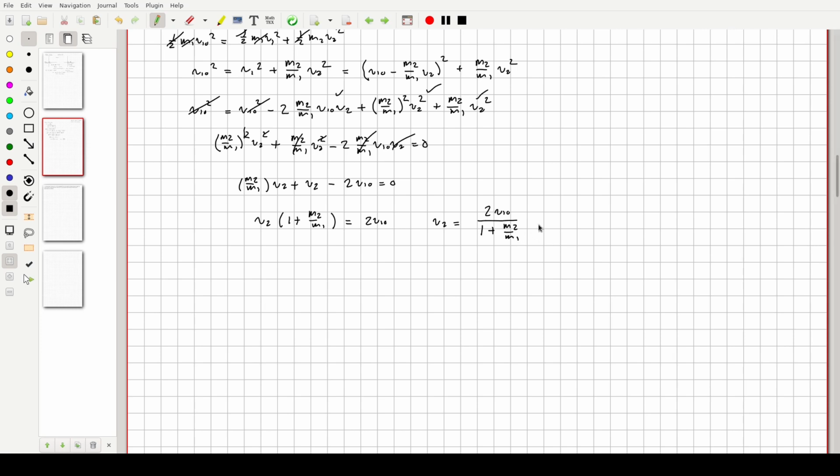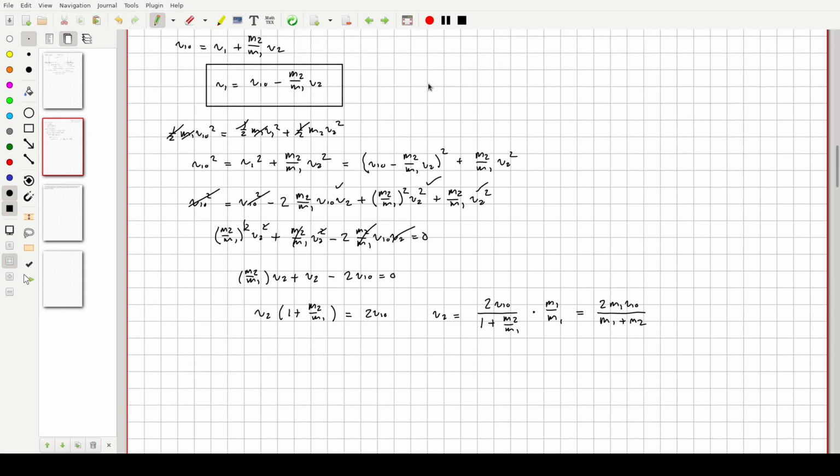Now, typically what we do next is to multiply this by 1 in the form of M1 over M1. And what that does is to put an M1 here, but then you have this that goes through, gets rid of this in the denominator, and puts an M1 right here. So if you do that, you get 2 M1 V1 naught divided by M1 plus M2. All right, so this is V2 right here.